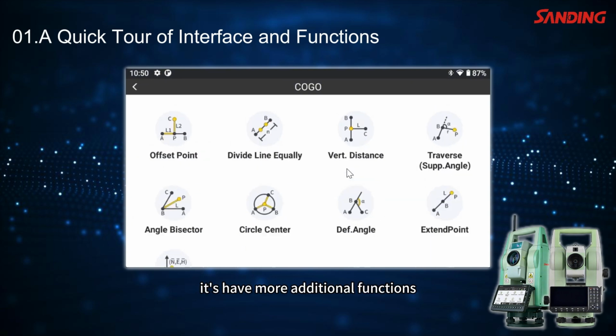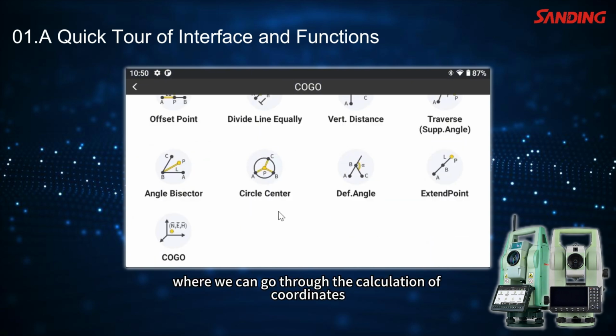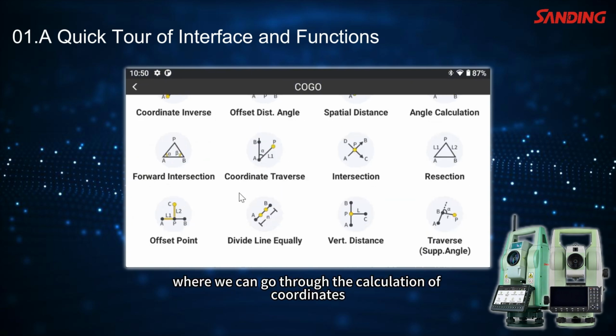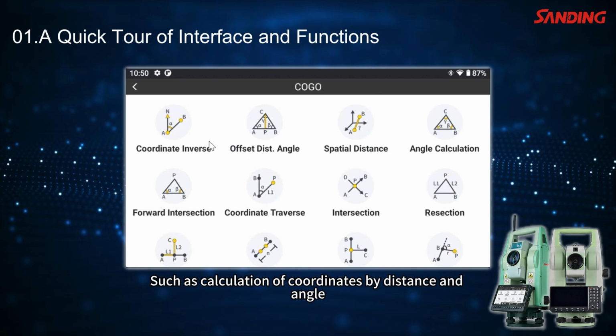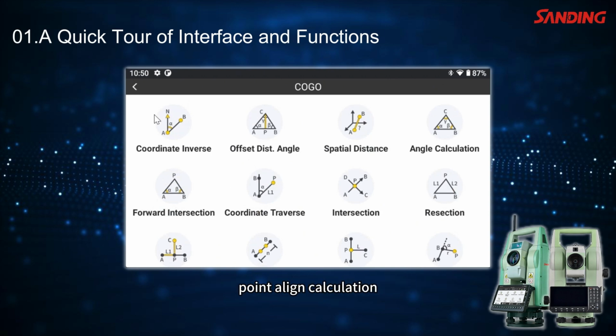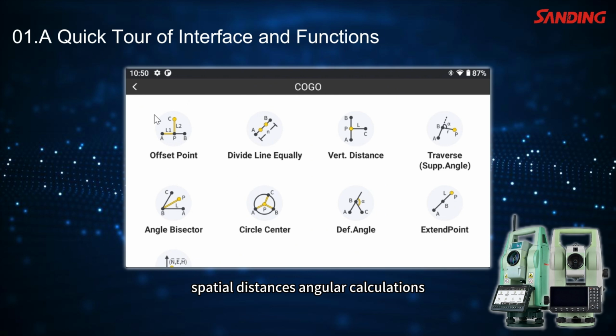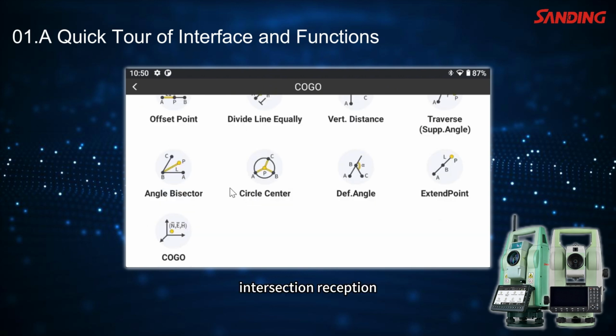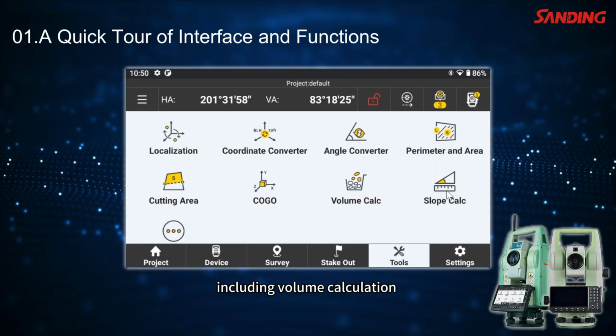It has more additional functions, where we can go through the calculation of coordinates, such as calculation of coordinates by distance and angle, point-align calculation, spatial distances, angular calculations. Intersection, resection, calculation of displaced points, among others, including volume calculation and slope calculation.